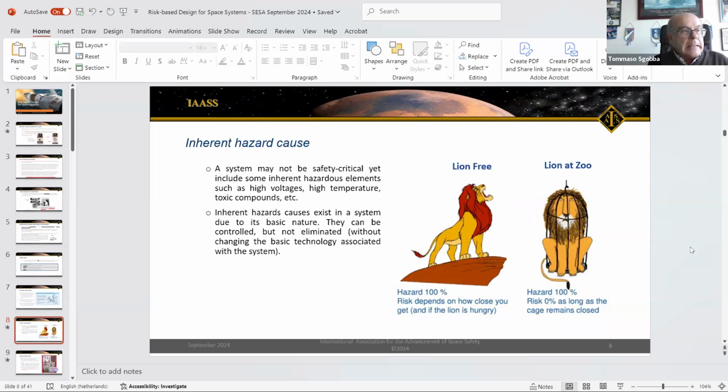Now, this is the meaning behind inherent causes. Please note that the hazard itself is always deterministic, it is there or it is not there. What is probabilistic is the causal factor that may exist, such that the accident happens.